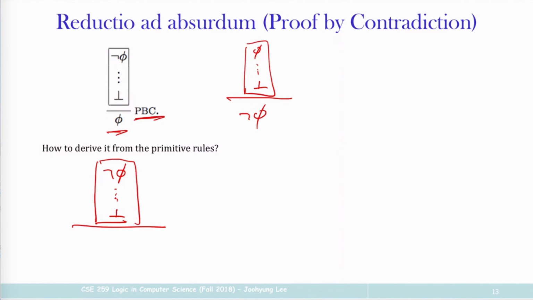You assume the negation of phi and you derive a contradiction, right? So by the negation introduction rule, that is not not phi. But we know that the double negation elimination rule can be applied. Okay, so you can get phi. So you just need one more step here.